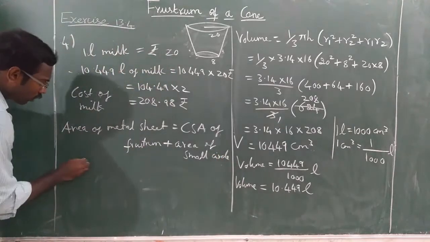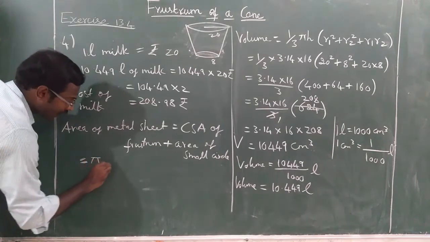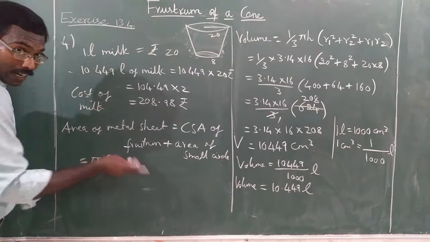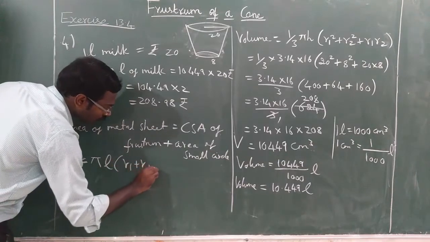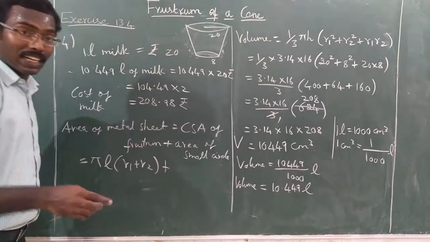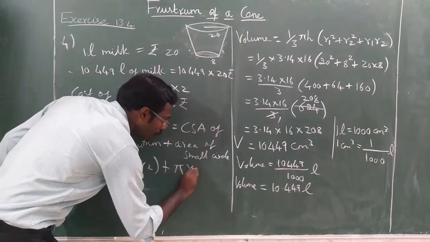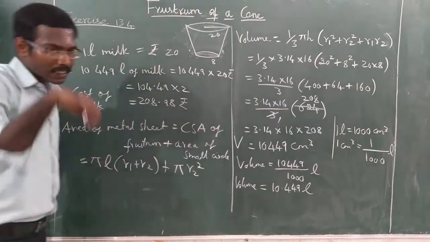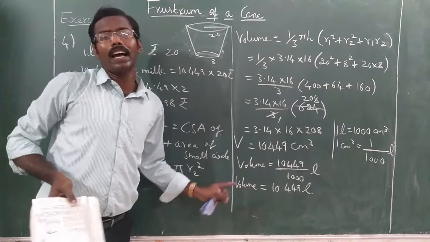So that is equal to CSA of frustum, which is pi L, R don't write, pi RL, pi L. Instead of R you will write R1 plus R2. This is the curved surface area. Then the area of the smaller circle, normally it is pi R square, area of circle. Smaller circle means pi R2 square. Is it clear or not? Okay. So now we will apply the values, we will get the answer.